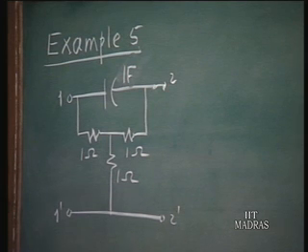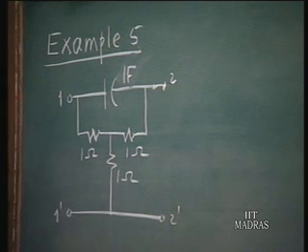This is a slightly more complicated example. Let us say that we are interested in finding the Z parameters of this two-port network. We have seen earlier that if the network is in the form of a T network, then the evaluation of the Z parameters is quite convenient.